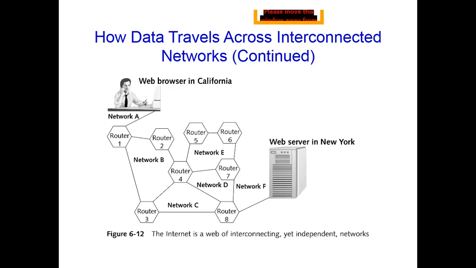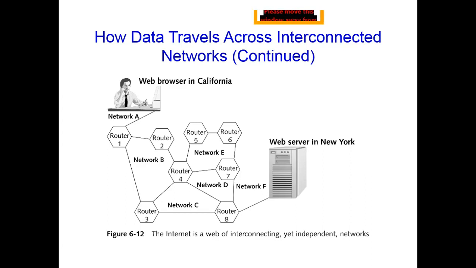So, lahat kasi ng network, dito sa diagram natin, every network meron silang sariling router. Okay, sabihin na natin na iba't ibang bansa yung mga network na yan. Network A, network B, network C, network D, E, and F.